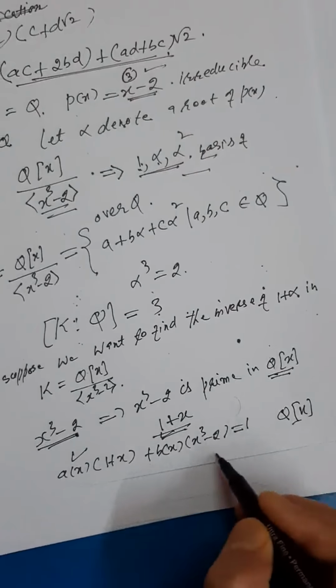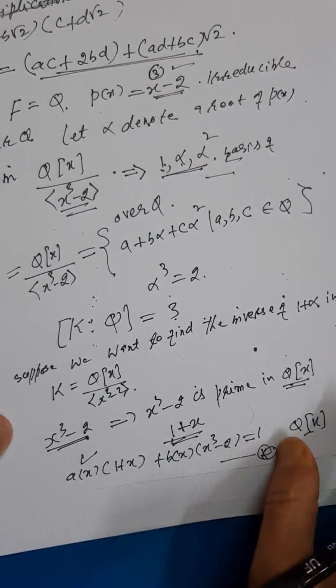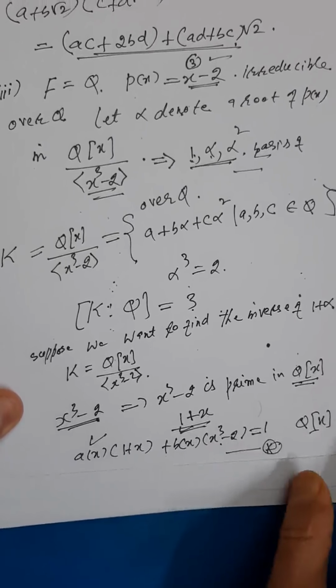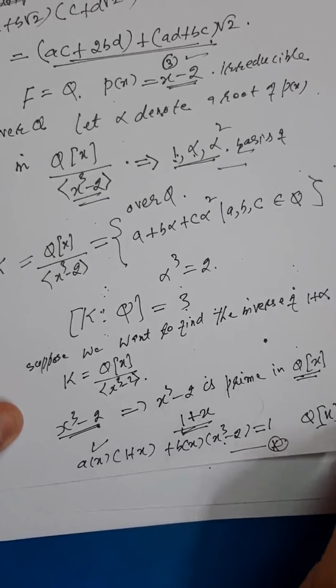Now say this equation is star. Now reduce this equation modulo the ideal generated by this polynomial x cube minus 2. What do we get?